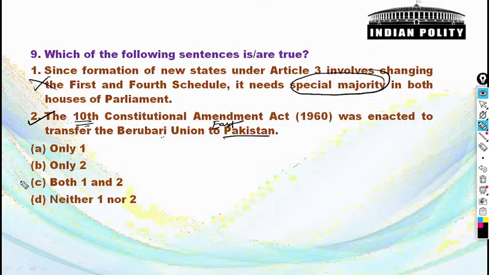The Supreme Court held that when a territory is transferred from Indian territory to foreign territory or vice versa, there will be a Constitutional Amendment Act under Article 368. For this purpose, the 10th Constitutional Amendment Act was enacted by Parliament.